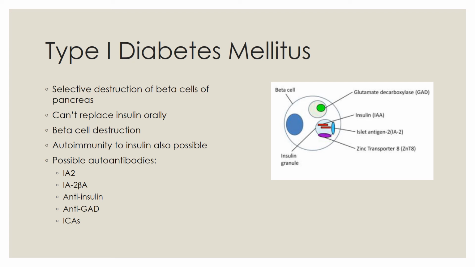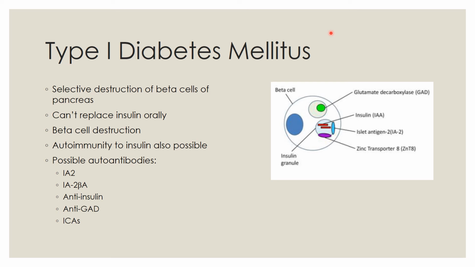But essentially, they're showing that much of the diabetes we find today can be the result of chronic autoimmune disease in genetically susceptible patients. They think it's probably the result of environmental factors, but basically you end up with the selective destruction of beta cells of the pancreas, which, if you remember, are found in the islets of Langerhans.